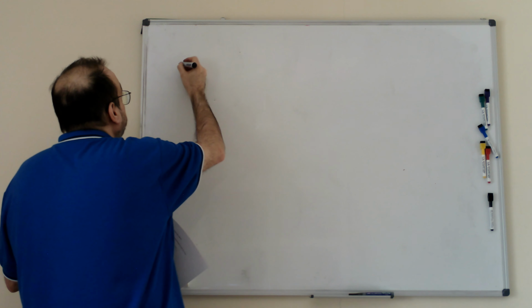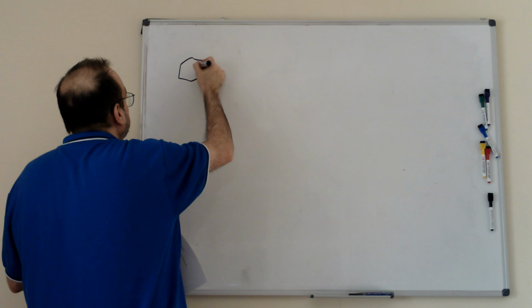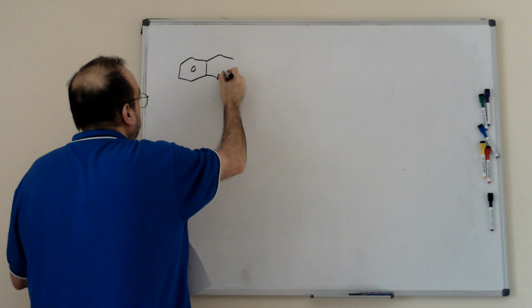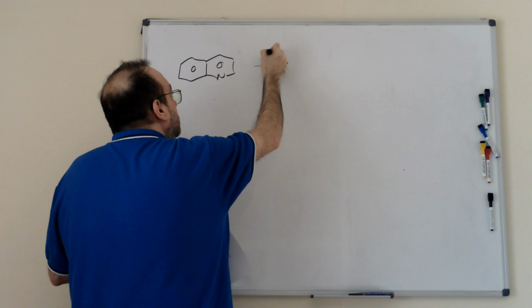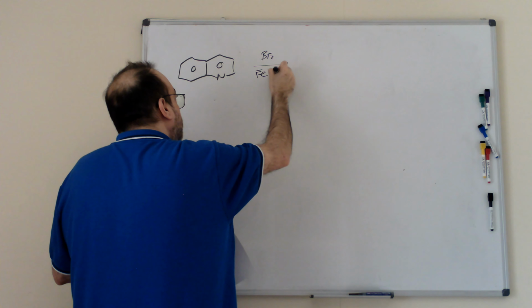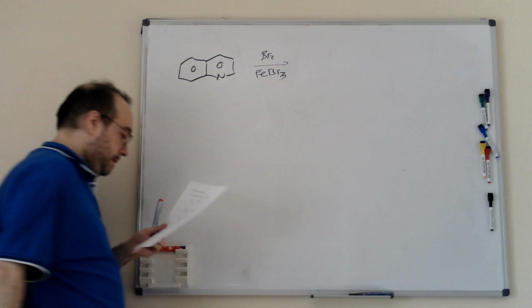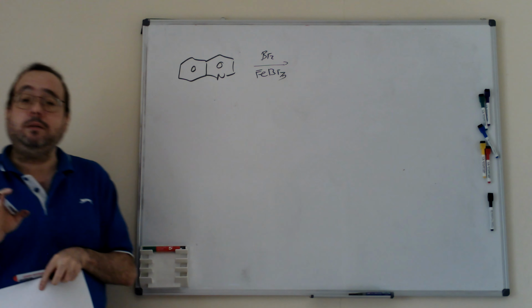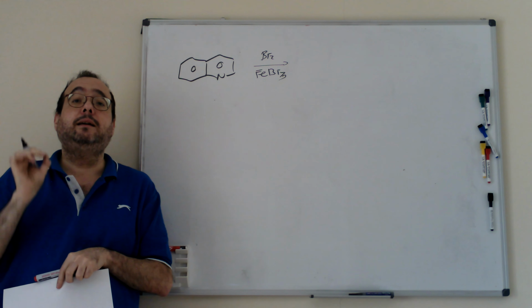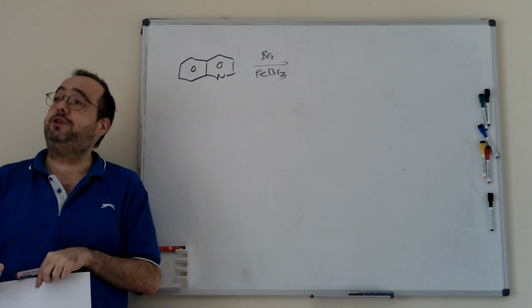Next, we have this ring. And we add bromine, iron tribromide. What will happen? Well, what we have now is an electrophilic aromatic substitution.